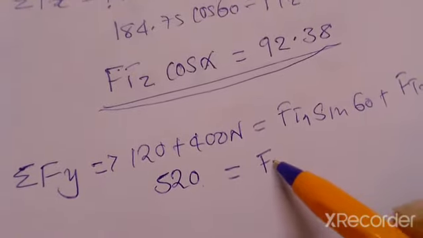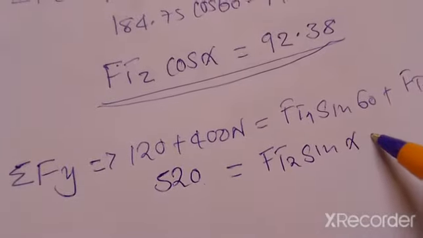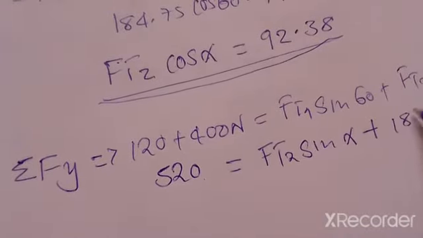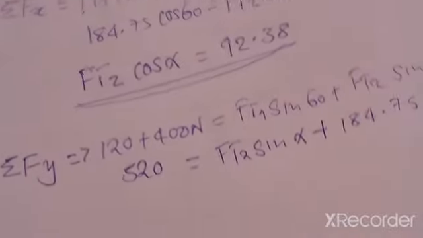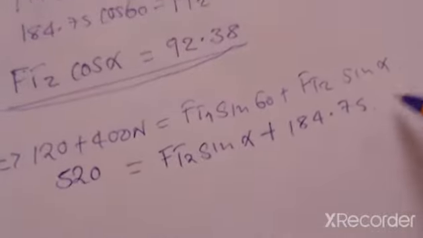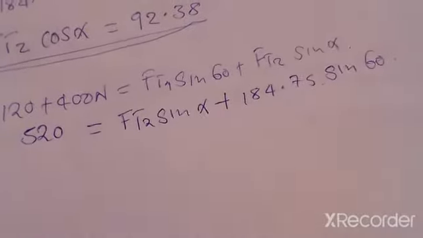ft2 sine alpha plus 184.75 sine 60. That's what we have.